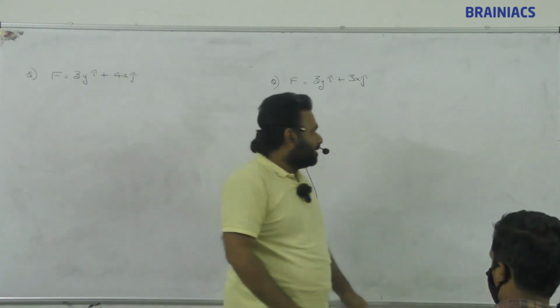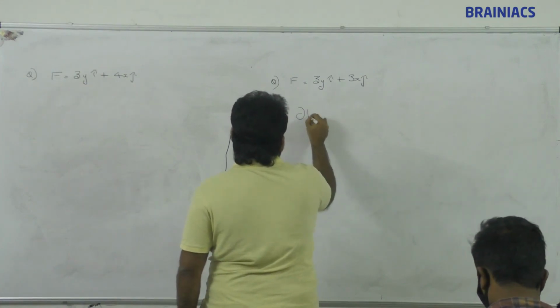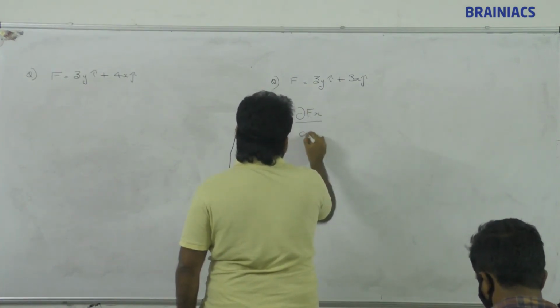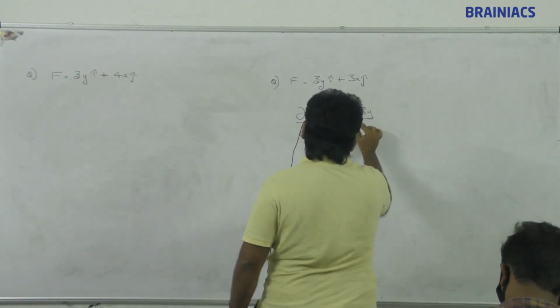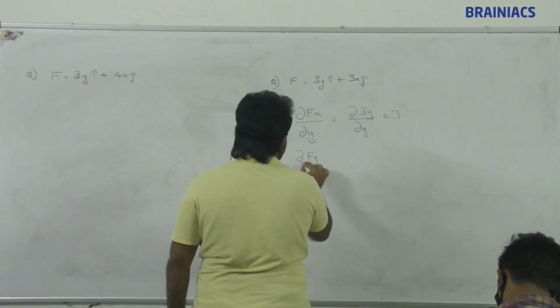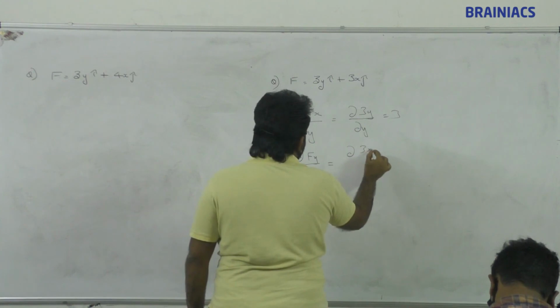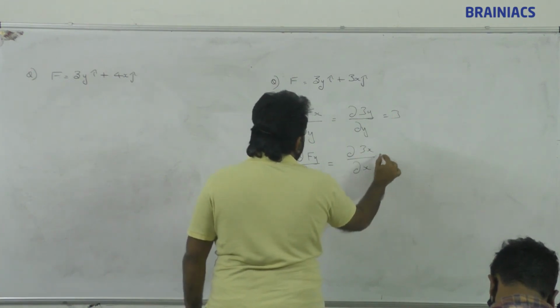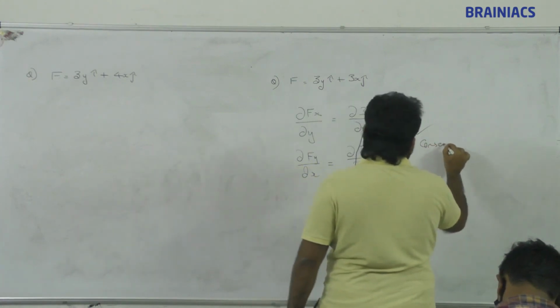Okay. So what about this one? ∂fx/∂y is ∂(3y)/∂y. What is the answer? 3. ∂fy/∂x is equal to what? ∂(3x)/∂x, 3. So conservative.